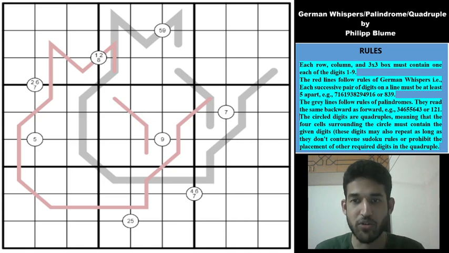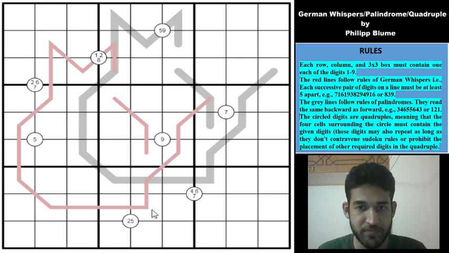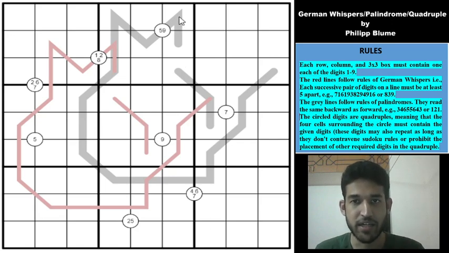So the rules of the Sudoku are, in addition to classic rules, each row, each column and each box will have the digits from 1 to 9 without any repetition. Three different variants are combined in this grid. One is German whispers. The red line that you see on the grid, which has a kitty shape, is a German whisper line, meaning digits on adjacent cells of this line will have a difference of at least 5, and the gray line, which forms the second kitty shape, is a palindrome.